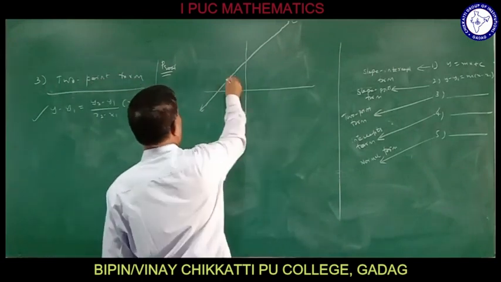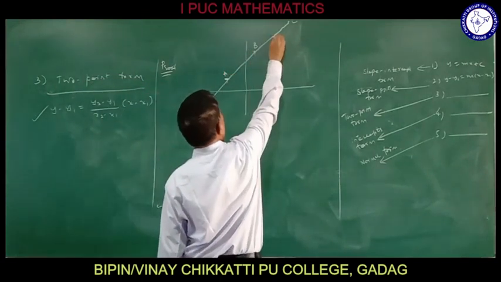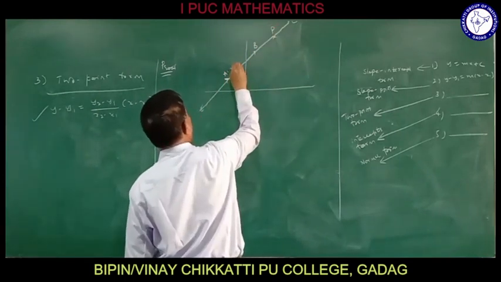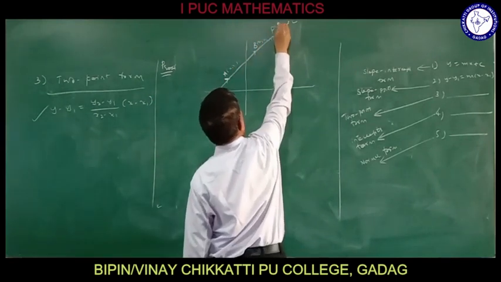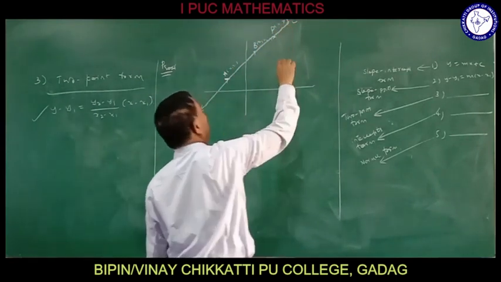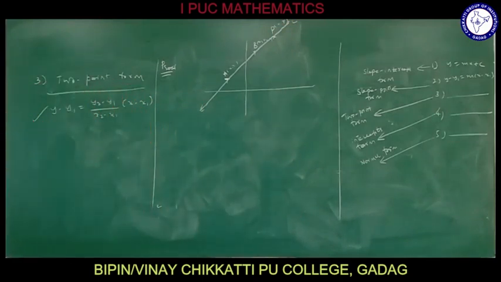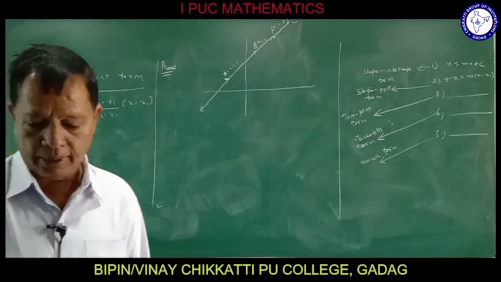One is point A, the other is point B, and the third is point C, any arbitrary point. This is x1 y1, this is x2 y2, and this is x y. Let the line pass through two given points A x1 y1 and B x2 y2, and let P be any arbitrary point on the line L.